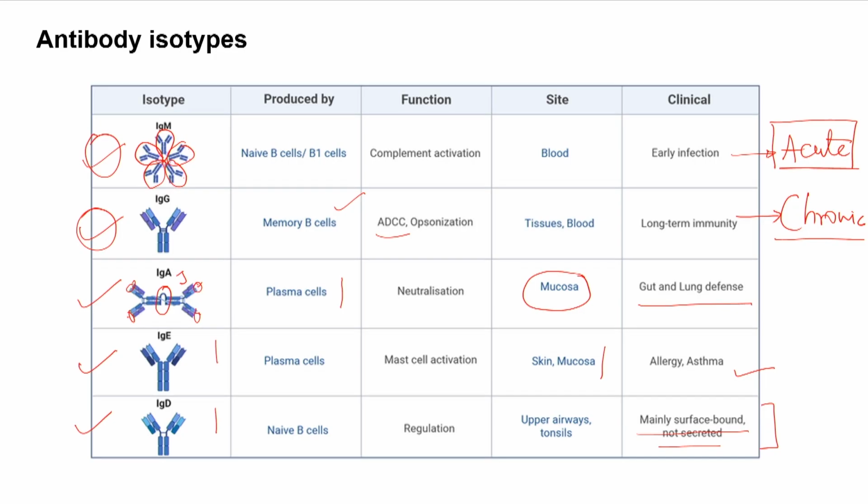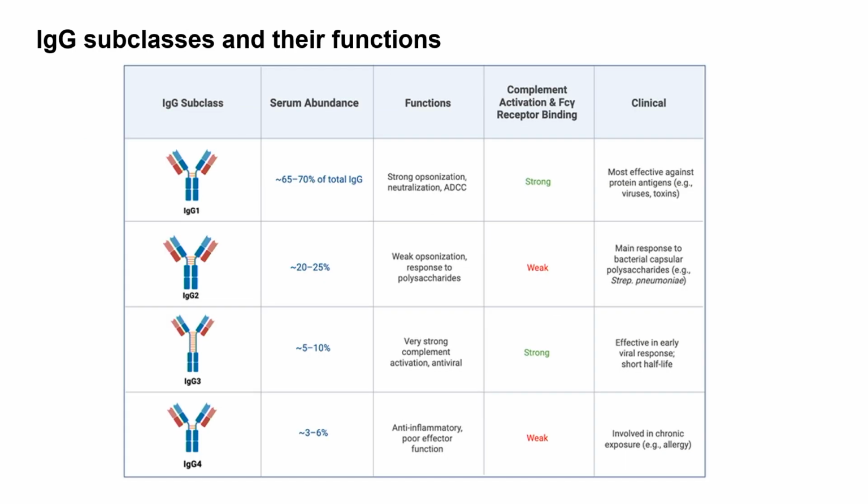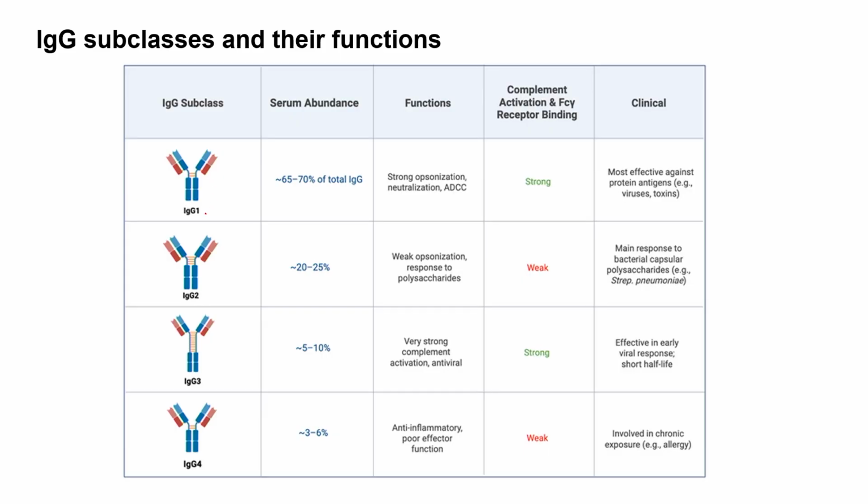So we'll move further and see the different subclasses of IgG. As I told, there are 5 classes based on the heavy chain: IgM, IgA, IgG, IgE, and IgD. IgG is further divided into multiple subclasses, and IgG is actually a monomeric form. One can easily see IgG1, IgG2, IgG3 and IgG4.